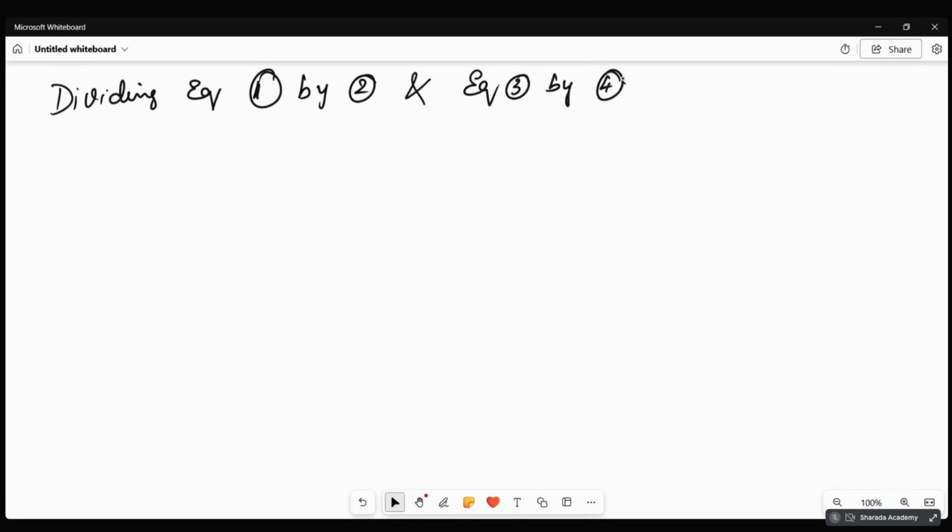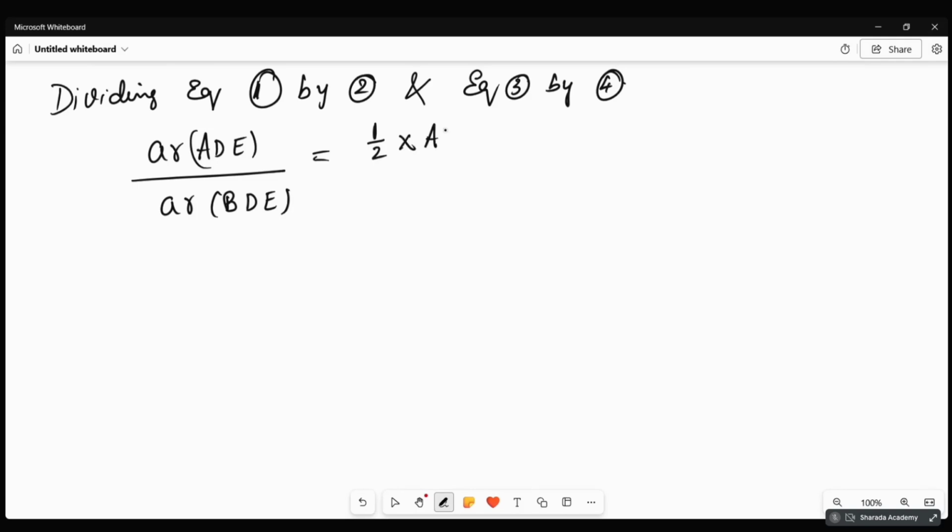So what I will get now? Area of ADE by area of BDE. That is equal to half into base AD, altitude EN, over half into base BD, altitude EN.